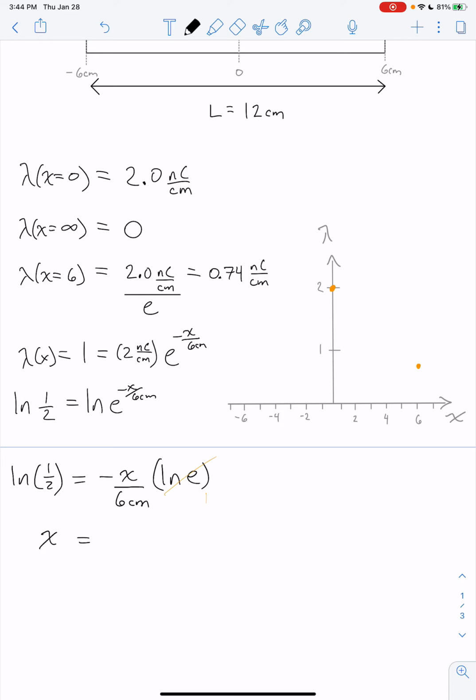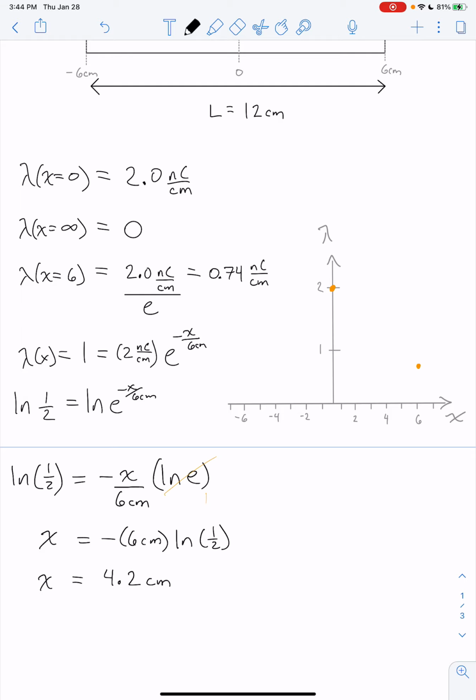And so we have x is equal to minus 6 centimeters. It's really 6.0 centimeters times ln 1/2. And that's just a number. You can do it in your calculator. And so x is equal to 4.2 centimeters. So that was a little bit of work, but it's not so bad. It's just our exponential rules at play.